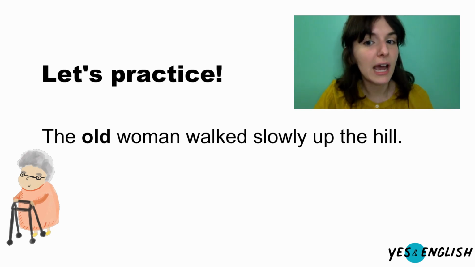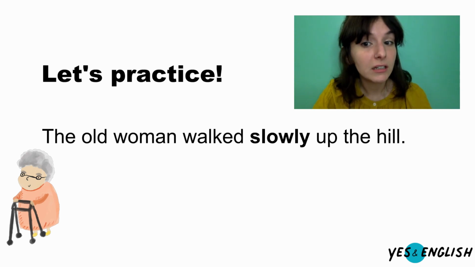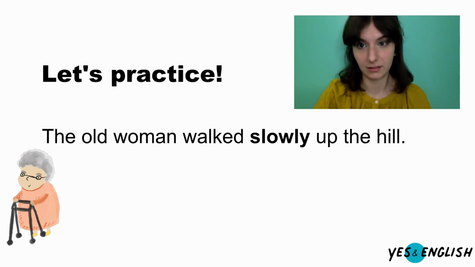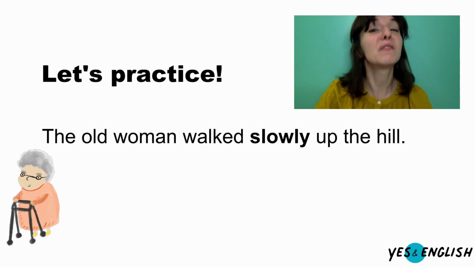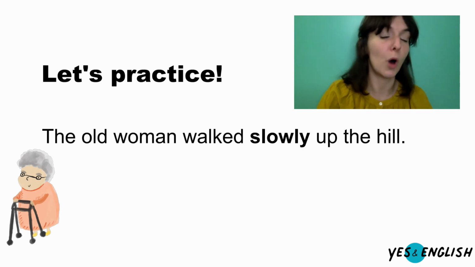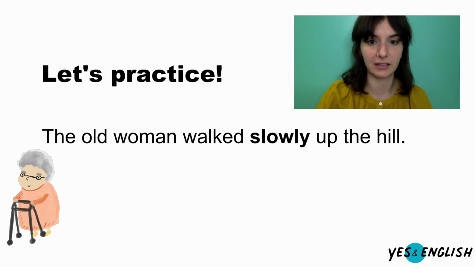Maybe some of you had guessed slowly, but slowly is not an adjective in the sentence. Do you know what it is? It's an adverb, right? Because it's describing the verb in the sentence, which is walk, or walked in this case because it's past tense.